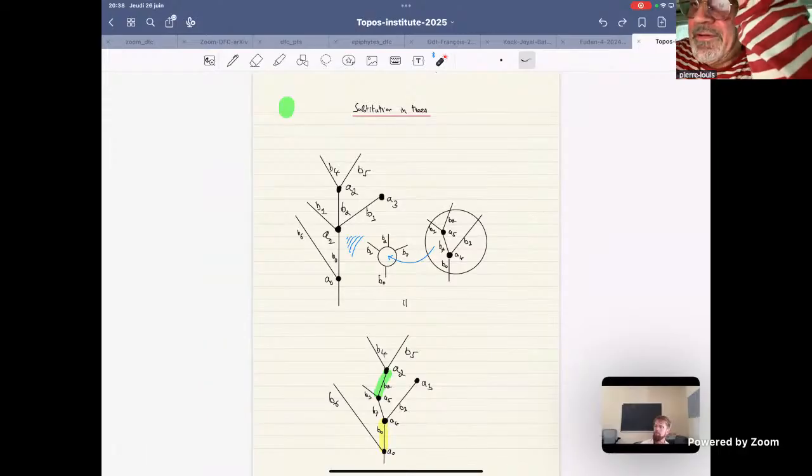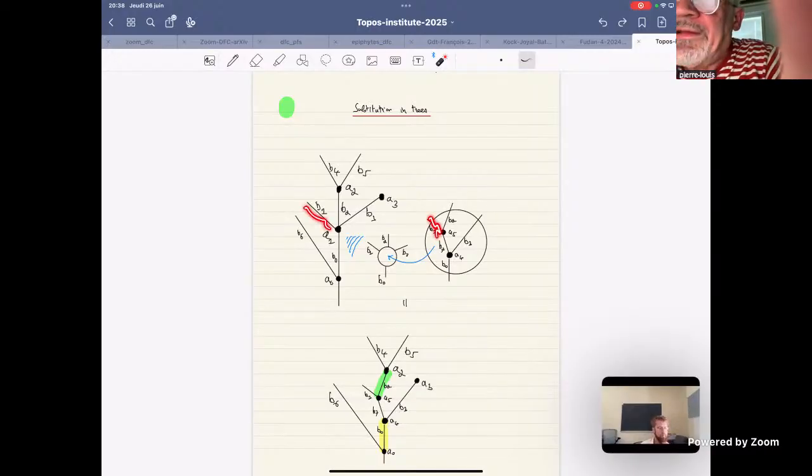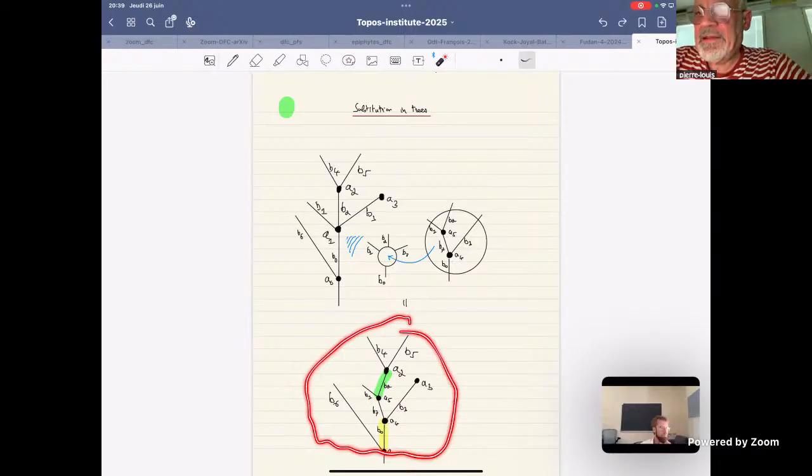You just insert the tree, and B1 here goes to B1 here, and B2 here goes to B2, which means that the tree will continue there, and the same for B3. Okay, so the result is given here.